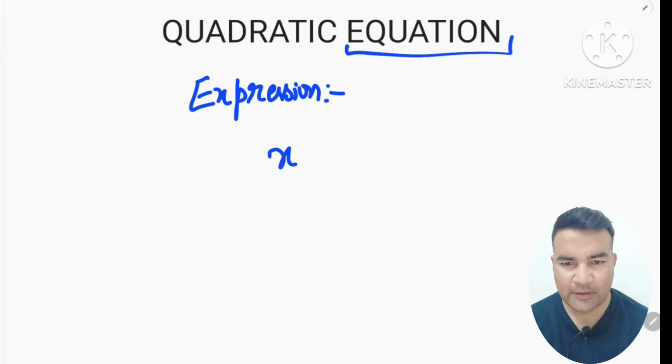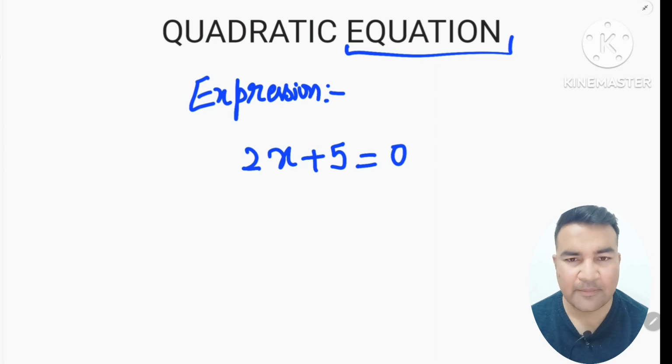I doubled it, then I add 5 to it. So this is a problem and I have represented that problem in an expression. When I keep the expression equal to something, let's suppose equal to 0, then this expression will become an equation.